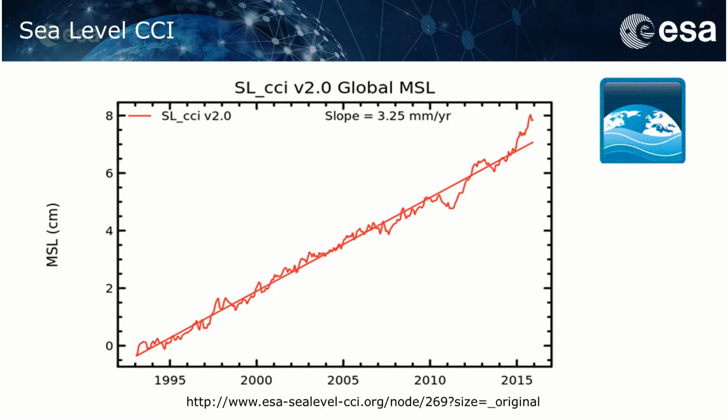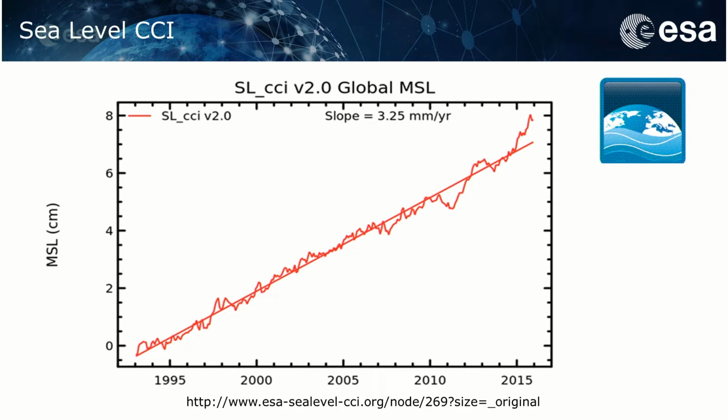Sea level, you've already heard some nice lectures earlier this week about the sea level, but again, according to the sea level CCI, our sea levels have steadily been increasing during the time series for which the sea level CCI has produced a data set for.